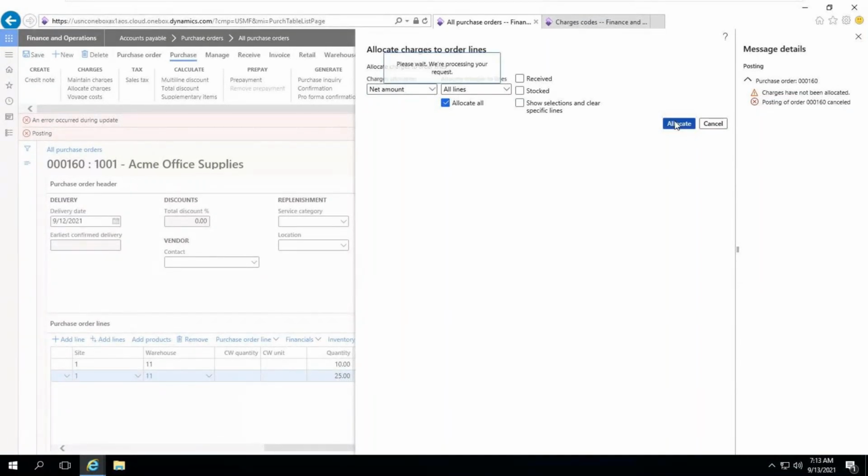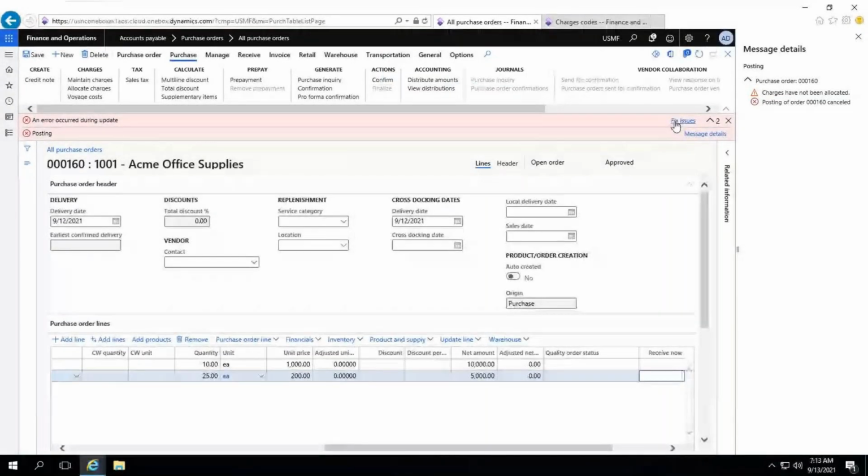So what is happening in the system? The charges were getting allocated. The charges are distributing between the two lines. So how was it? Look at this one.